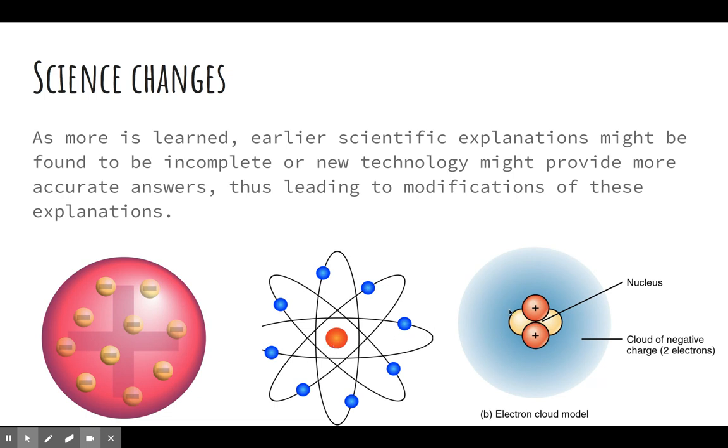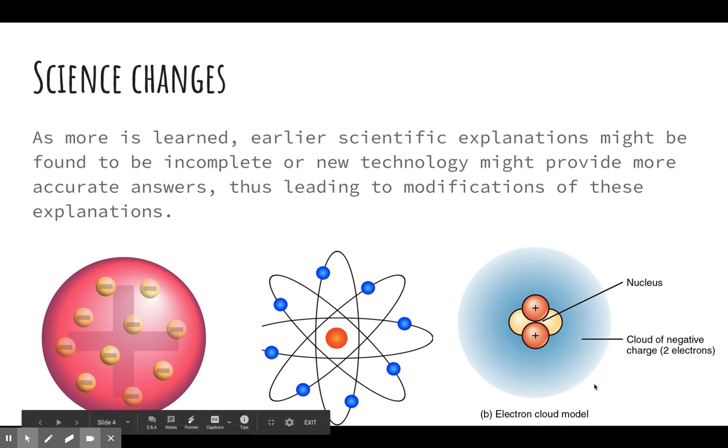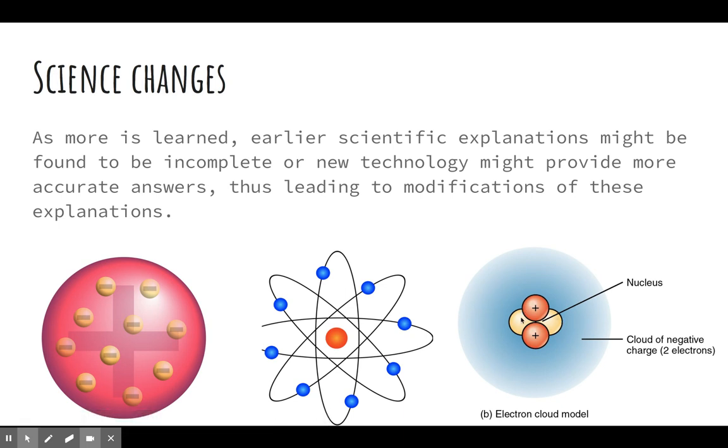But now, present day, and this could change once again as more is learned, but present day, this is the model that we deal with. And it's known as an electron cloud model because this really does look like a cloud. What's different is that in the middle here, yes, we still have the nucleus, but the nucleus is made up of protons and neutrons.